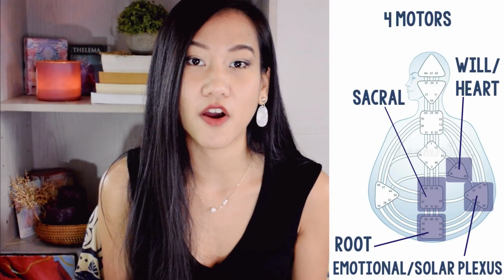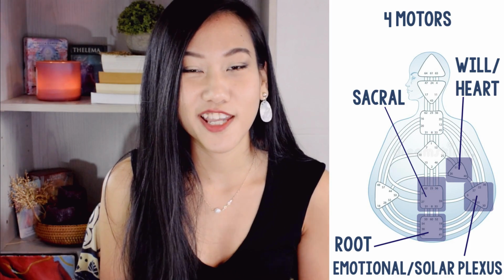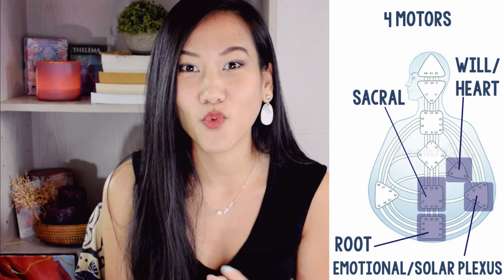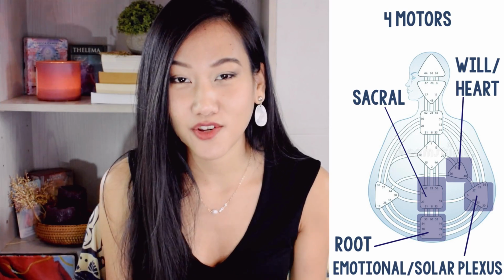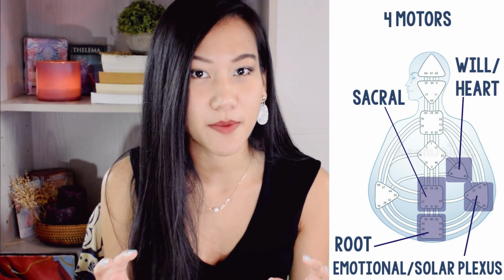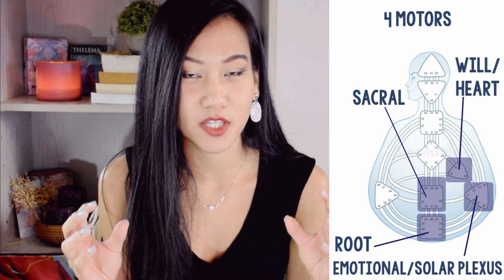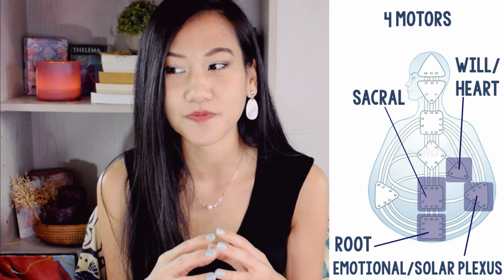So the 4 motors in the body graph are the sacral, the root, the emotional solar plexus, and the will or the heart center. These different motors get you to take action in your life based on different types of motivations. So we're going to go through that right now.